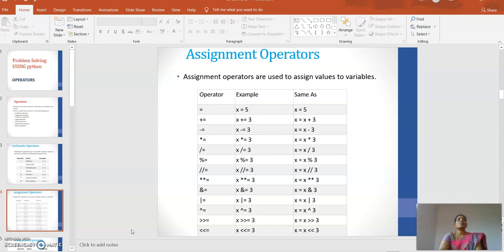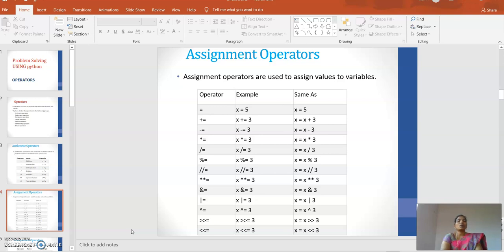Assignment operators are used to assign values to variables. The commonly used assignment operator is equal to, which assigns the value to the corresponding variable. First one is equal to, x is equal to 5.